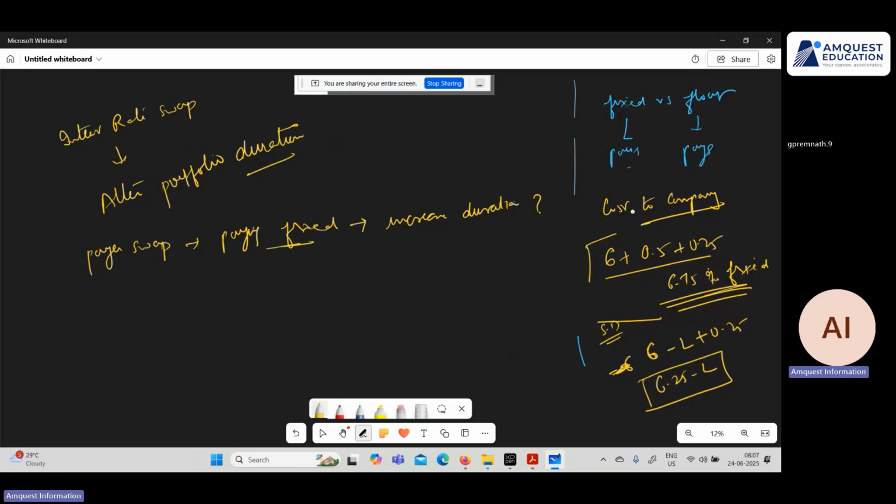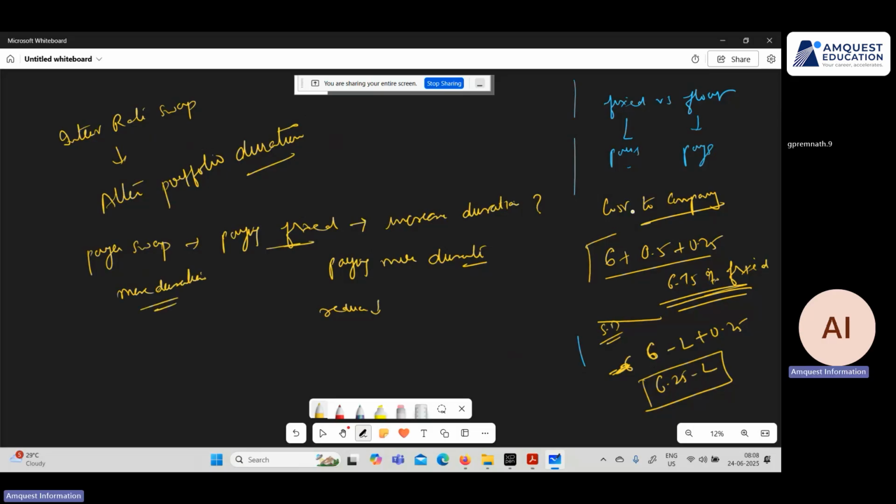When he's paying the fixed, is he paying more duration or less duration? If he's paying fixed and paying more duration, then effectively his duration would reduce. So fixed coupon always has more duration.